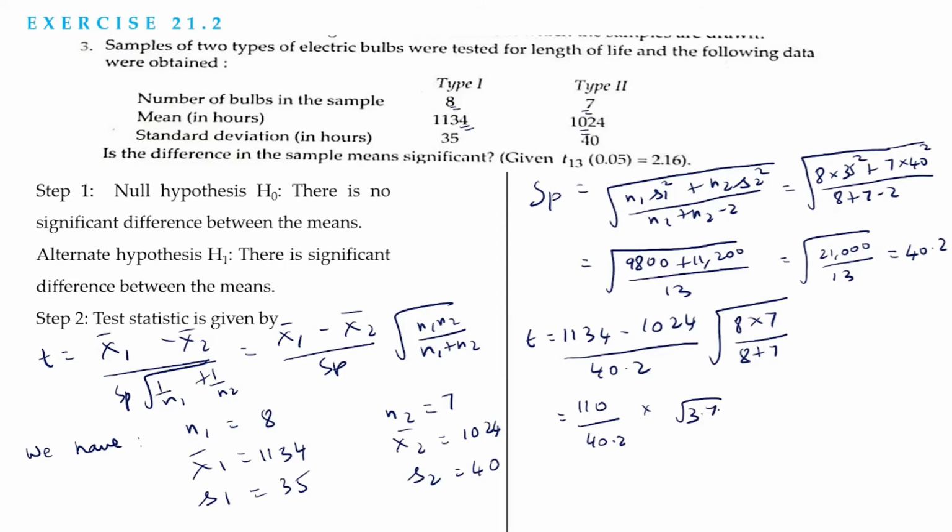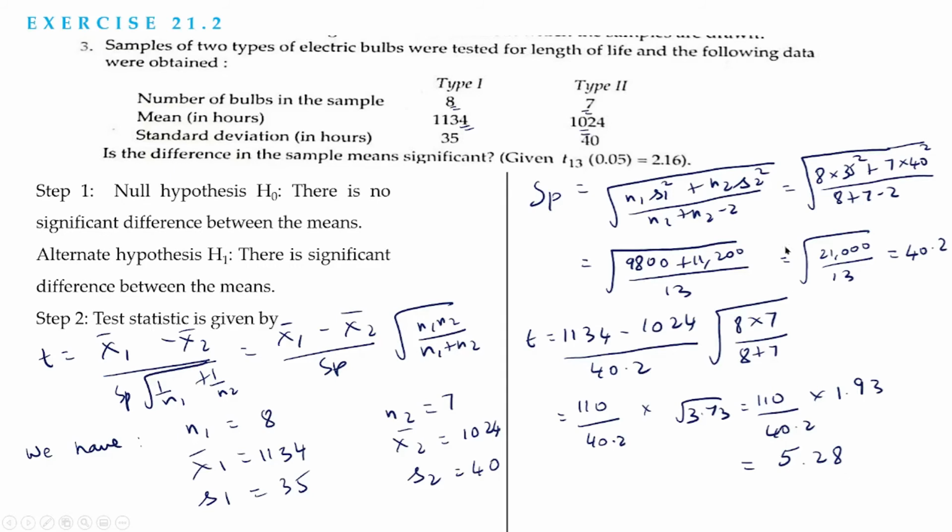So it is equal to root of 3.73, which is approximately 1.93. This when we simplify, we get 5.28.